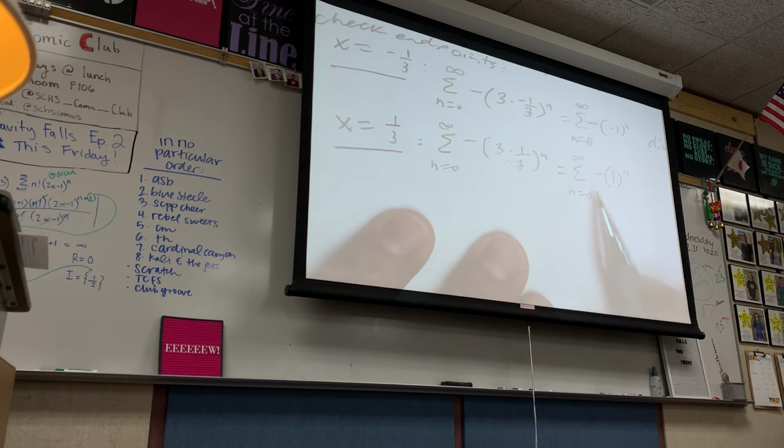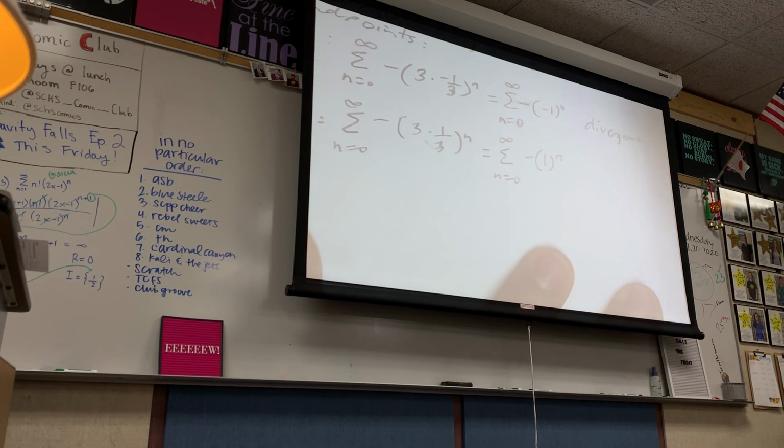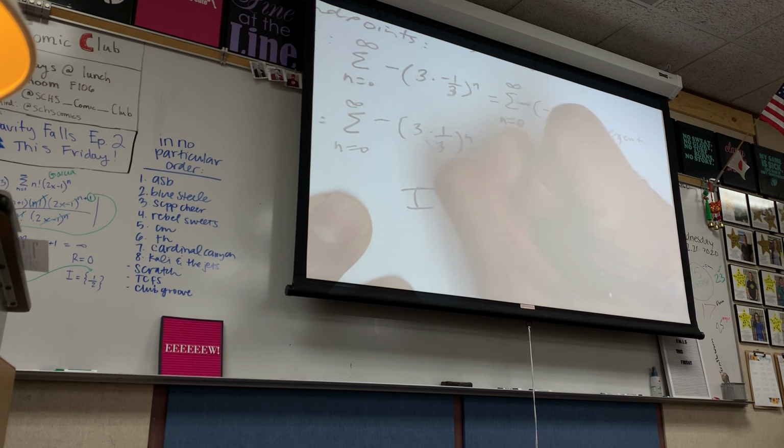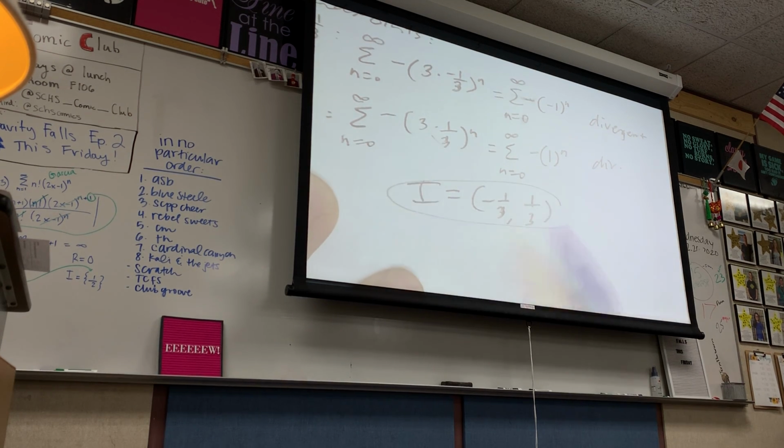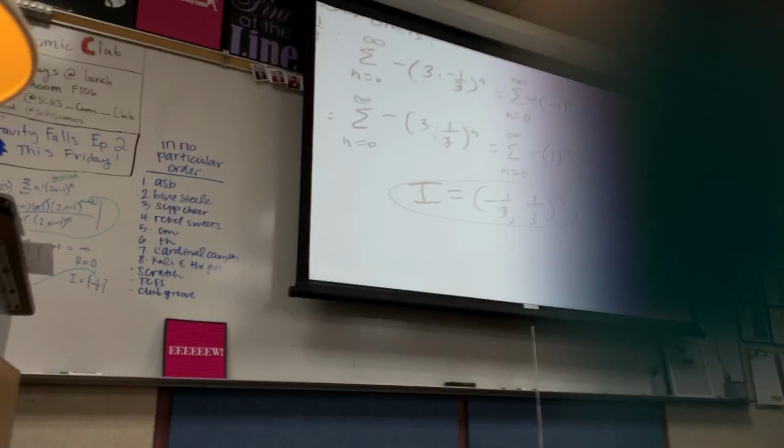As we plug in 0, 1, 2, 3, 4, you just get 1, but it's negative. So guys, if you always have a -1, the limit of -1 is -1, doesn't equal 0, so it does what? Diverge by the test for divergence. Told you, Milan. So your interval of convergence is -1/3 to +1/3, not inclusive. Whew. Yes. Good.